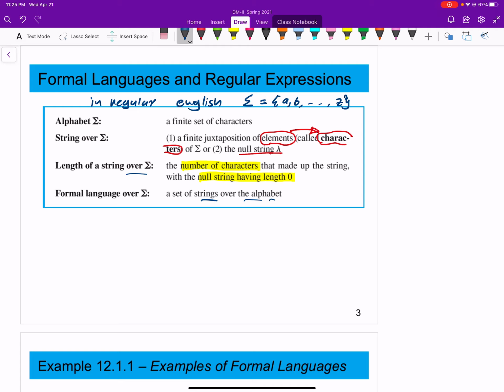A set of strings. You know our language, right?